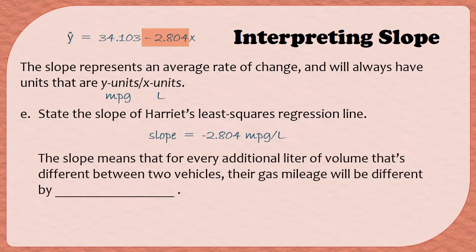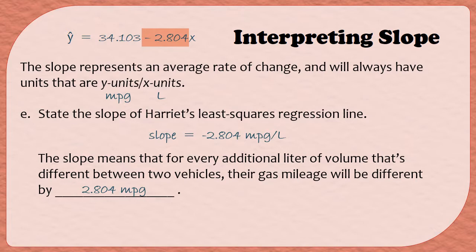Okay, but what does this mean? This means that for every additional liter of volume that is different between two vehicles, their gas mileage will be different by the slope. Here, since the slope is negative 2.804 miles per gallon per liter, that means for every additional liter of volume that's different, their gas mileage will be different by 2.804.